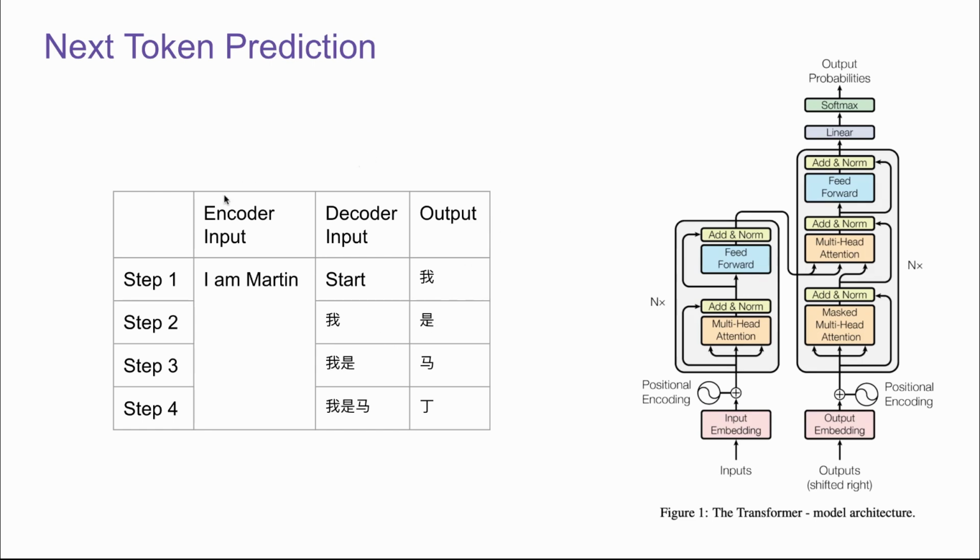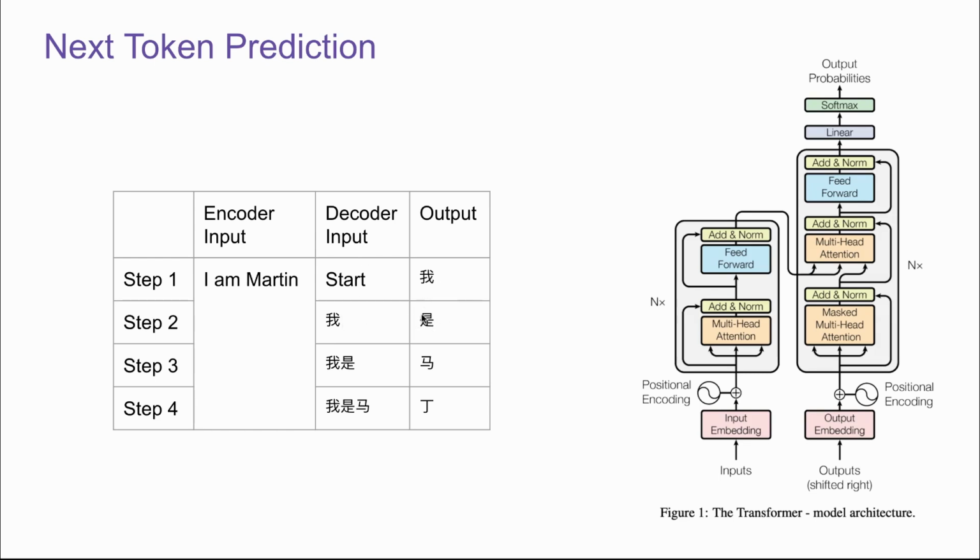In this case, while doing inference, I send the English I am Martin to encoder input. In the first round, decoder input is going to be a start token. And then the output is going to be the Chinese translation of I, which is 我. And then we take the output and send it to decoder input again, because this is auto regression.